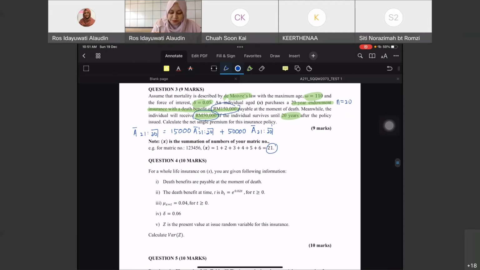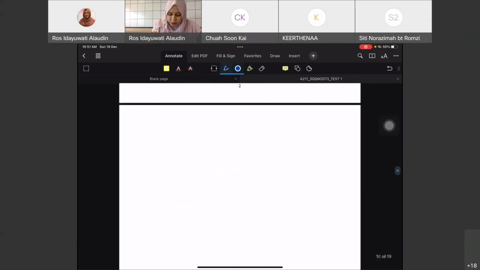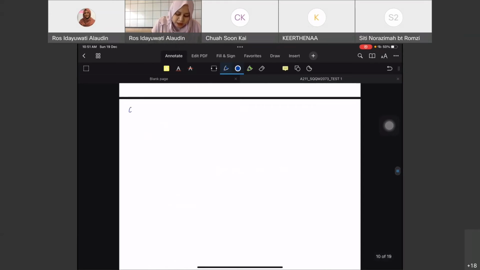And then, okay, question 3. We are using De Moivre's law. So let's say 21, 20. So for the term, first we calculate for the term.